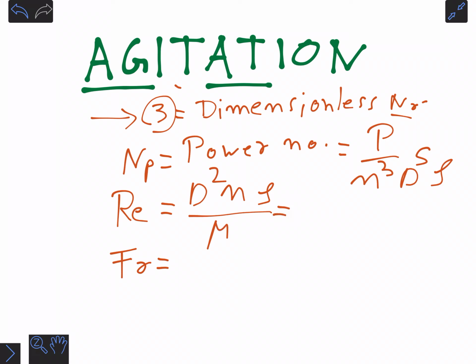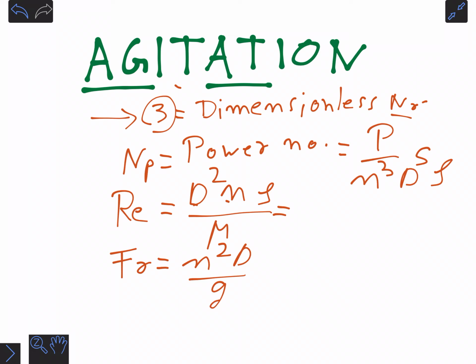How do we get this? We know Reynolds number implies d v rho by mu. Here velocity implies n into d. And the next is the Froude number, and the Froude number is n square d by g.